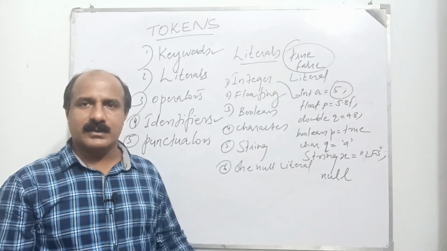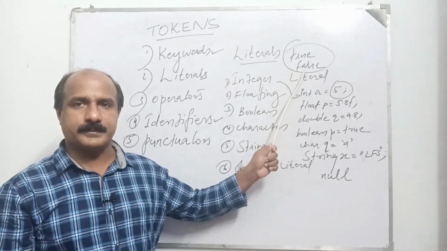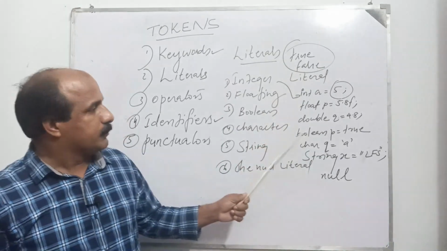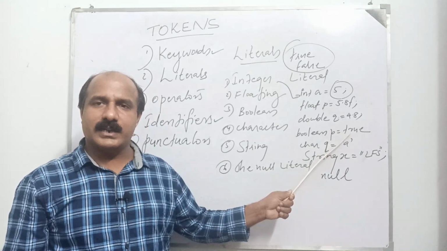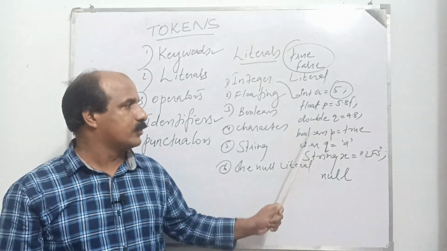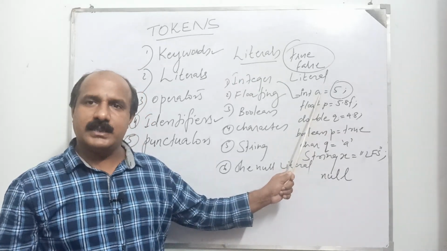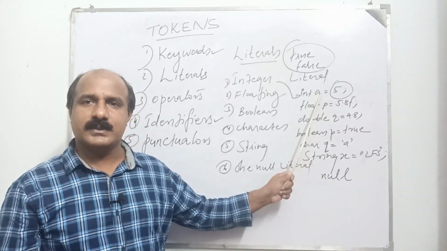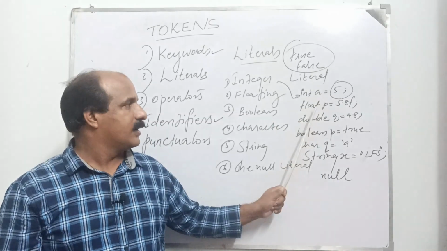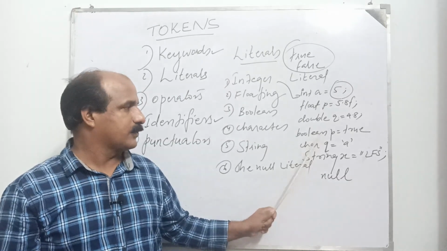They have done like that. That's why we can use the words like this only. So Boolean means there are only two literals, that is true and false. No other Boolean literal is available. In the integer category, there are infinite numbers available. Float also infinite. This is only true and false.